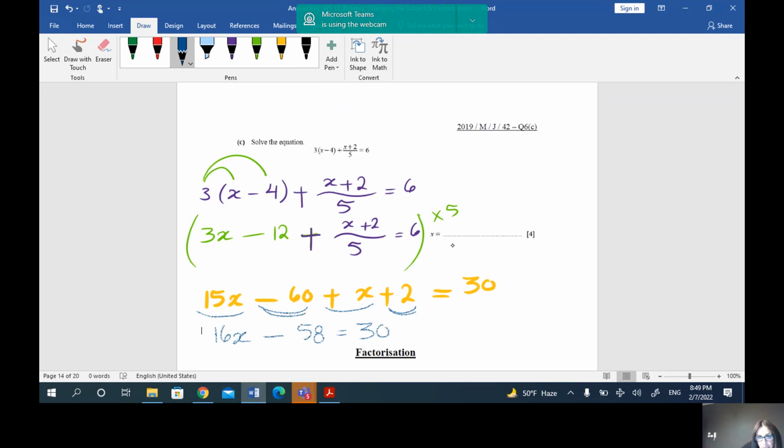So, x is equal to 30 plus 58 divided by 16, which is 5.5.